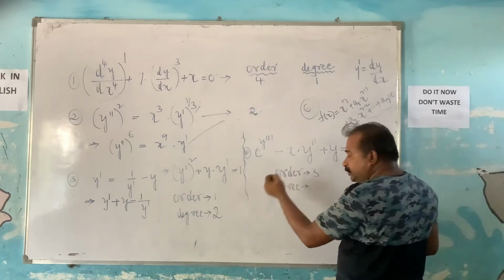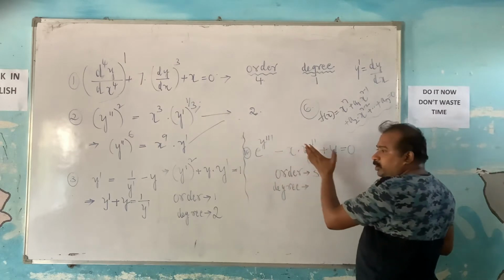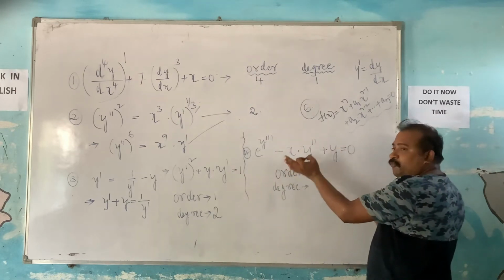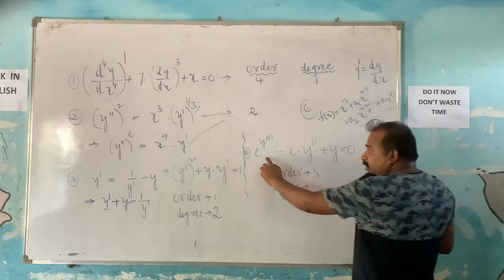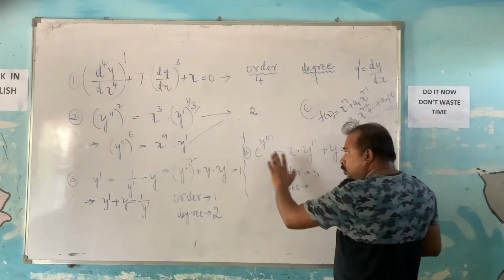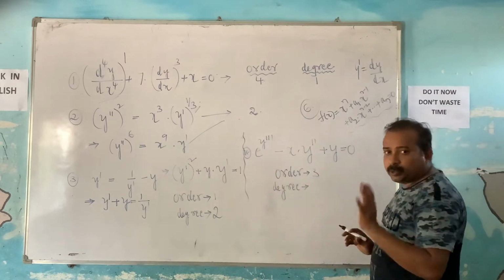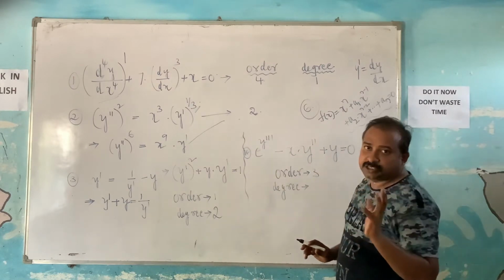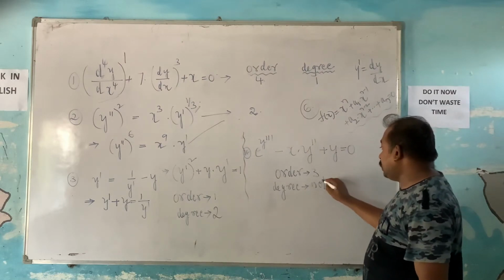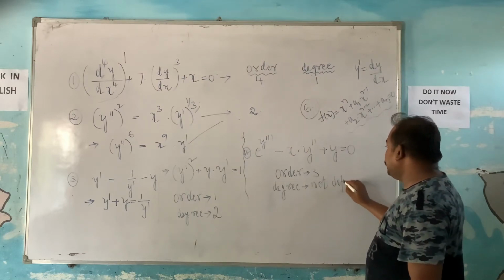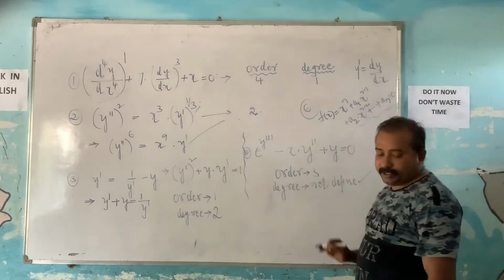So in order to explain the degree, the differential equation should be in the form of a polynomial equation involving differentials. But here e power y triple dash is there, so it is not a polynomial equation involving differentials. So automatically for this, degree is not defined.